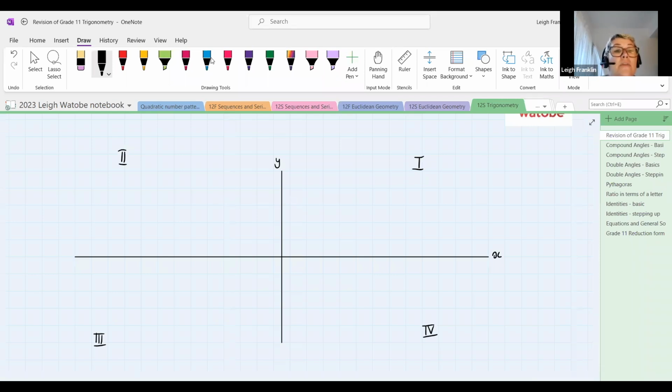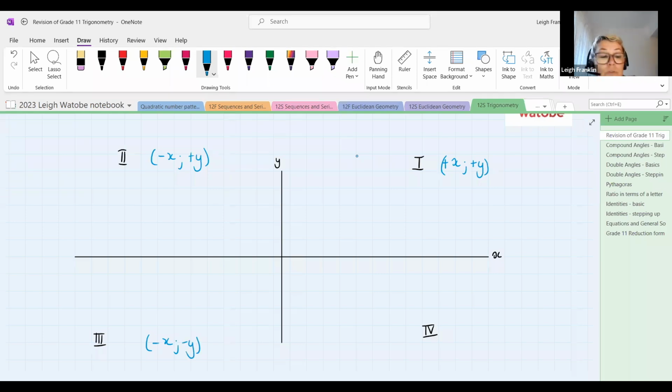Another thing that's important for us is the signs of our coordinates in the different quadrants. In quadrant 1, X is positive and Y is positive. In quadrant 2, X is negative and Y is positive. In quadrant 3, both X and Y are negative.